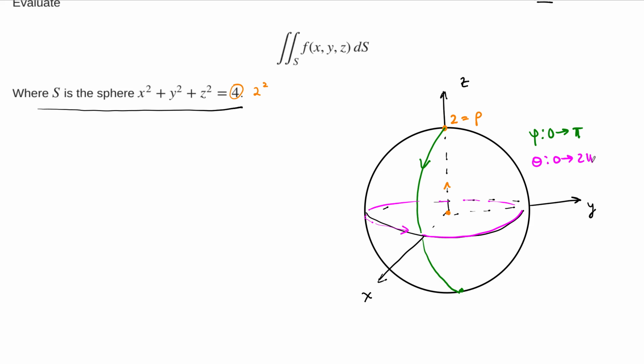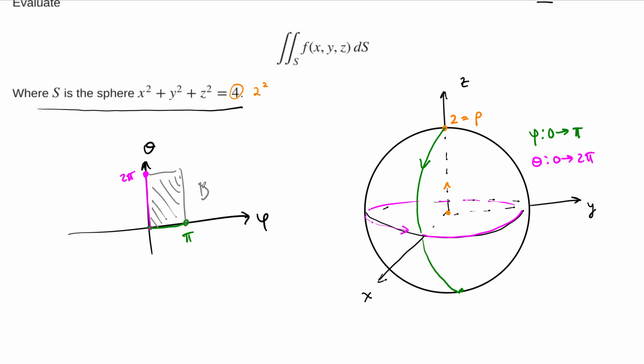In terms of the parameterization, our phi theta domain is actually just a little rectangle, right? It goes from 0 to pi in the phi direction, 0 to 2 pi in the theta direction, and fills out this rectangle, which we'll call D. And the question then is, what's R? We can compute this.